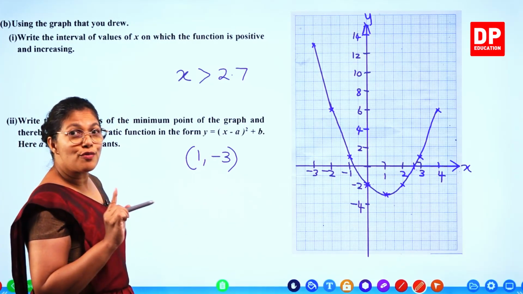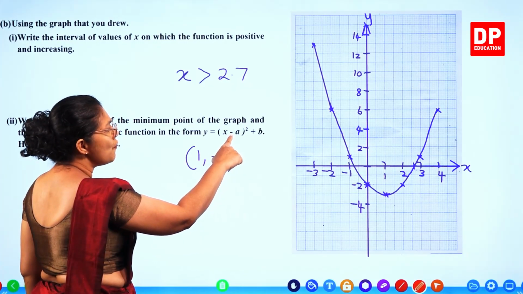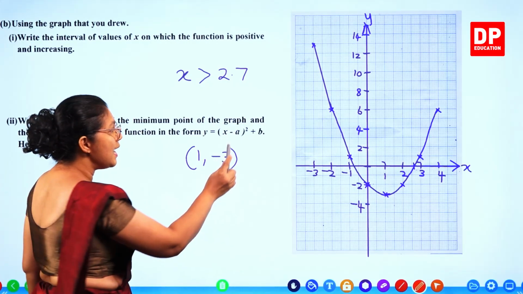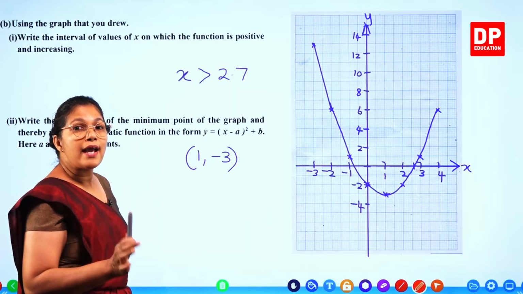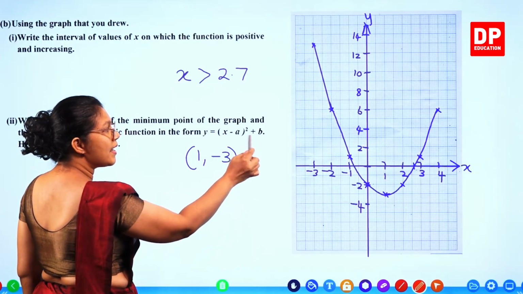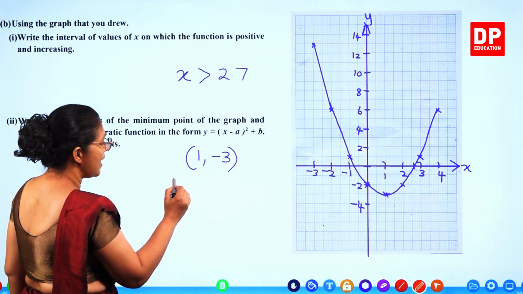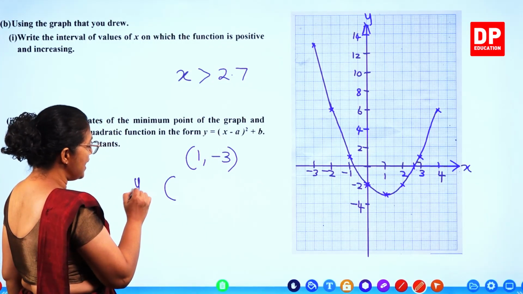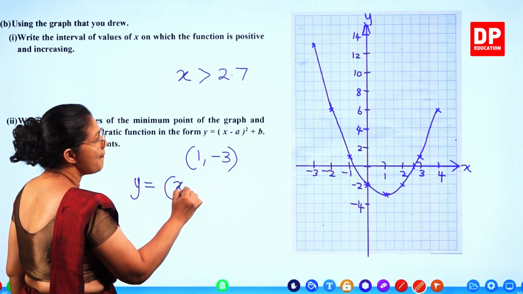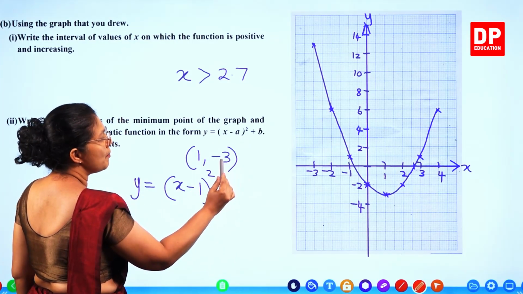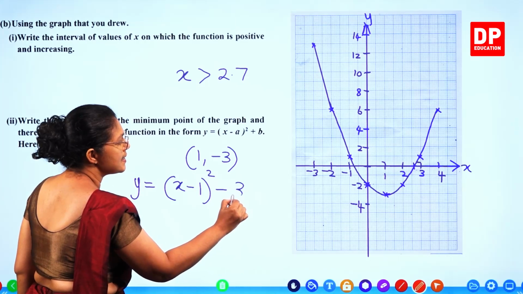So how are we going to write it in this form? We know that when you are writing in this form, a becomes the x coordinate and b becomes the y coordinate of the vertex point. So let's write accordingly. So y equals (x minus 1) squared. And what about b? b should be minus 3.